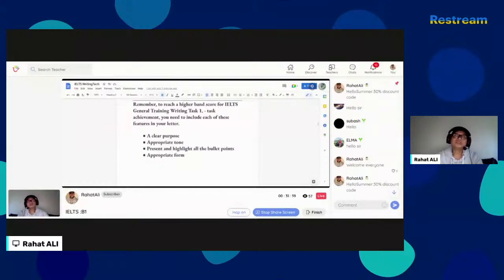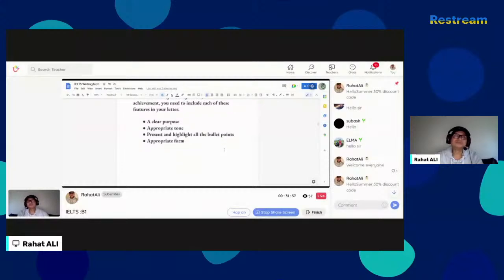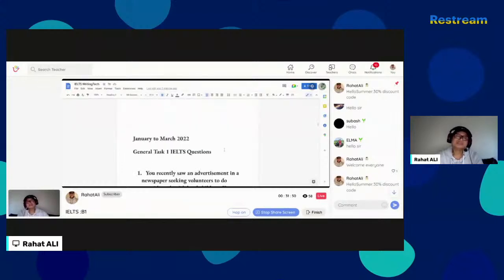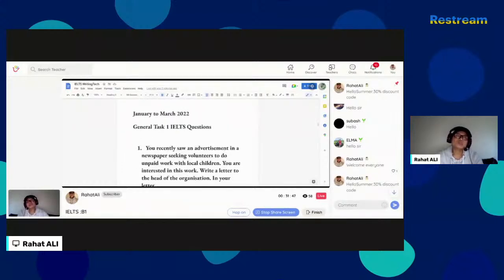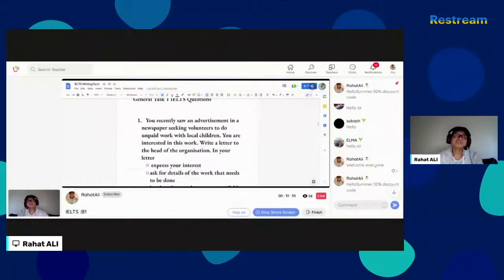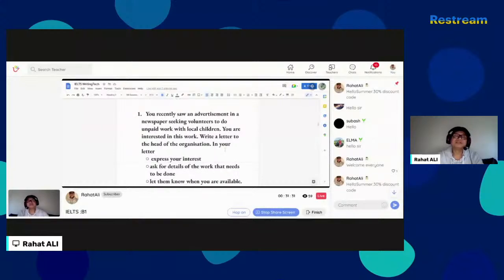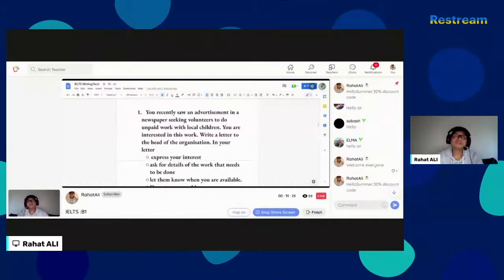I'm sure that you have understood well from the clarifications of this sample writing. However, let's go on with the real life practice test. This test came in between January to March this year as part of the General Training IELTS exam. I recently saw an advertisement in a newspaper seeking volunteers to do unpaid work with local children.